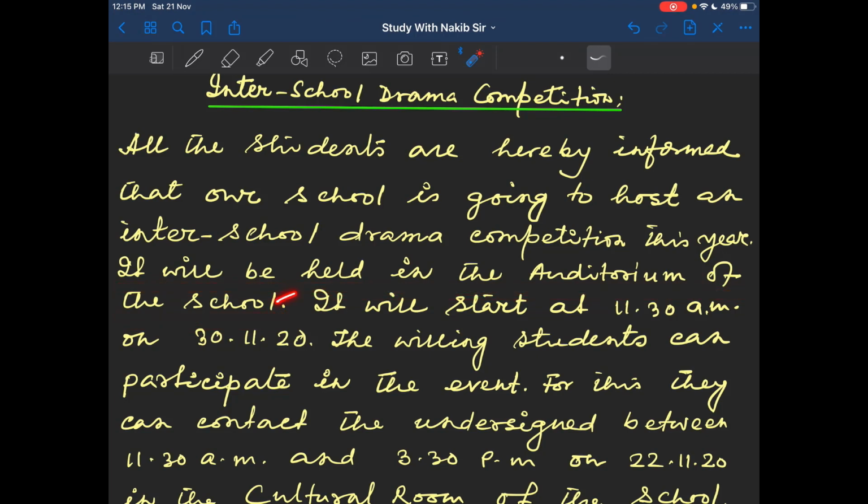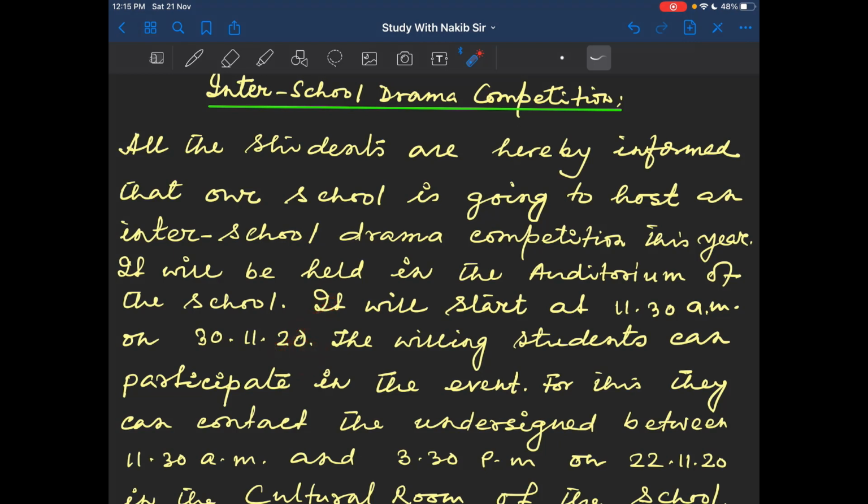At this point, the examiner will give 1 more point. Here he will mark this way, he may give 1 point. And it will start at 11:30 a.m. on 30/11/20. Here the examiner will mark this way and he will give 1 mark.